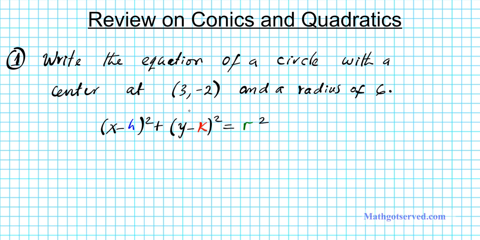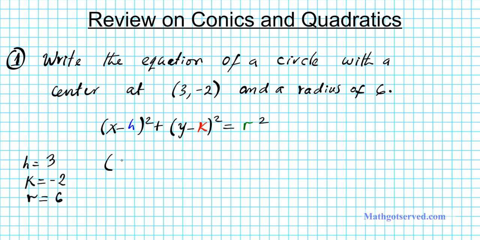So the problem provides us with the center and the radius, so we can clearly see that h is 3, k is -2, and r is 6. Okay, so we're going to substitute these values into the center radius form of the equation of a circle.